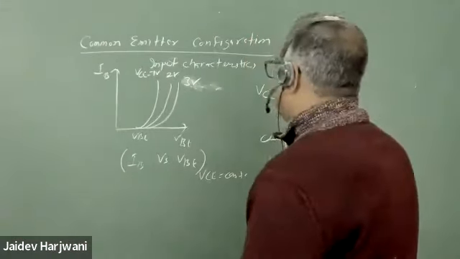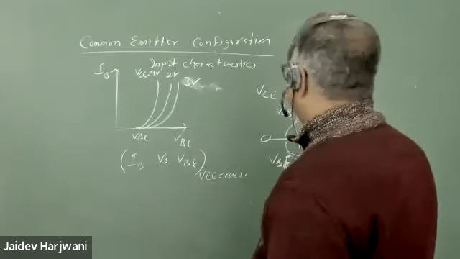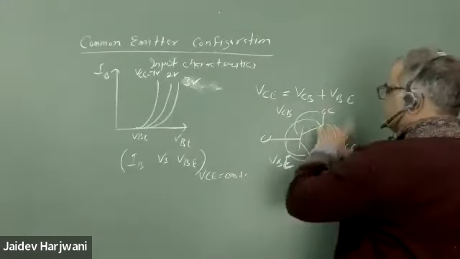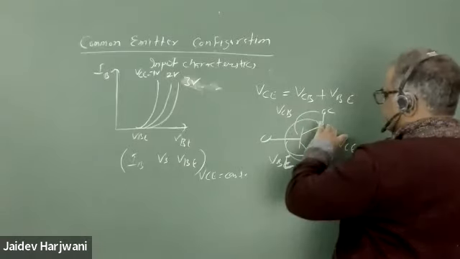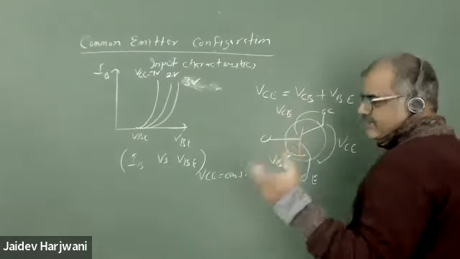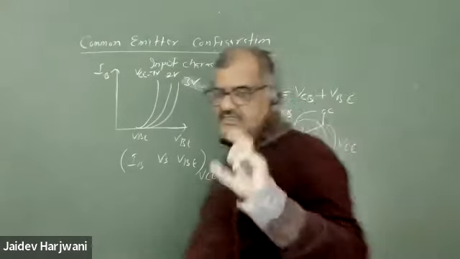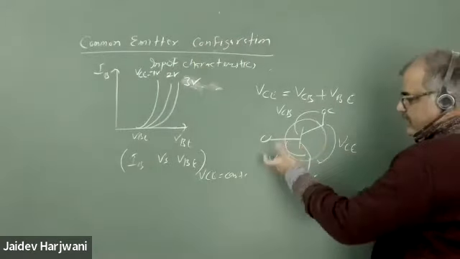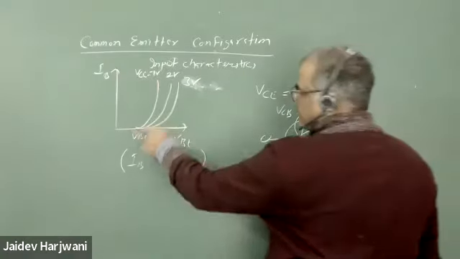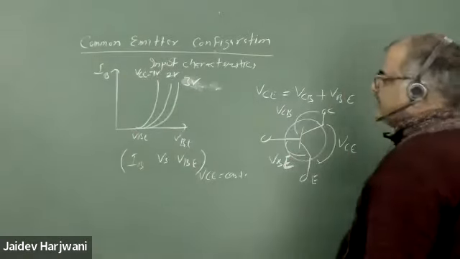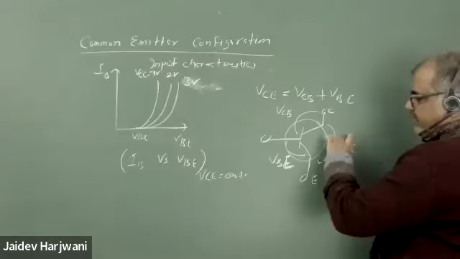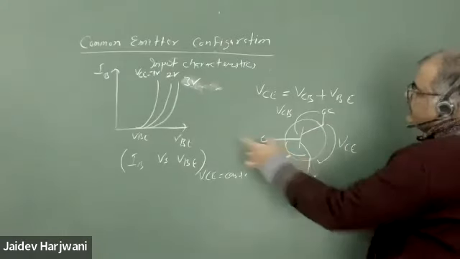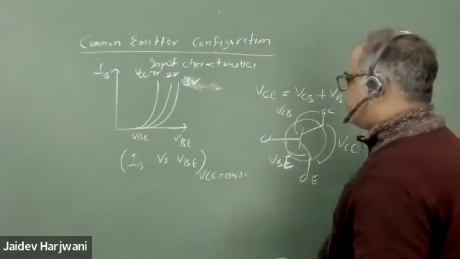VBE is 0.7, but slight variation is there. So when you increase VCE, there is a slight variation in this one. Your forward bias voltage increases here, so IB also increases.